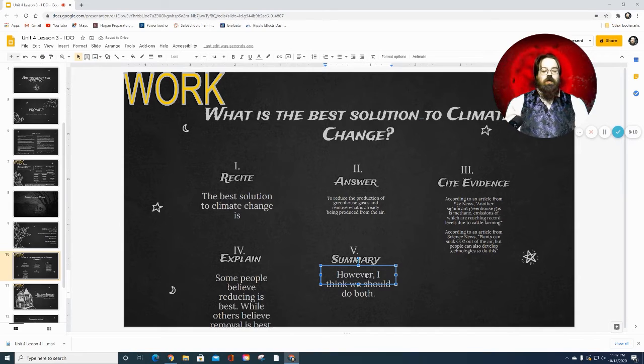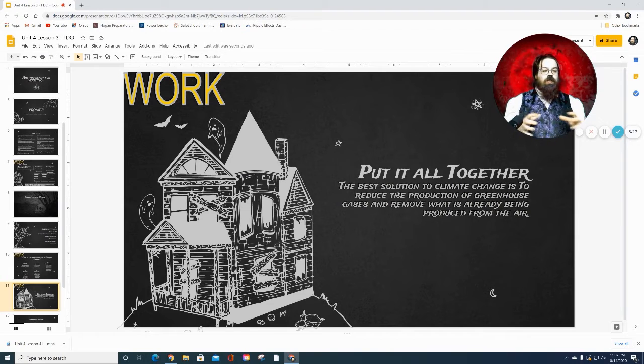Summary: both removal and reduction. Really, we're explaining both pieces of evidence in our own words more simply, and then here we're restating our answer. So when we put it all together, we have to do it a special way. We're going to say the best solution to climate change is to reduce the production of greenhouse gases and remove what is already being produced from the air.